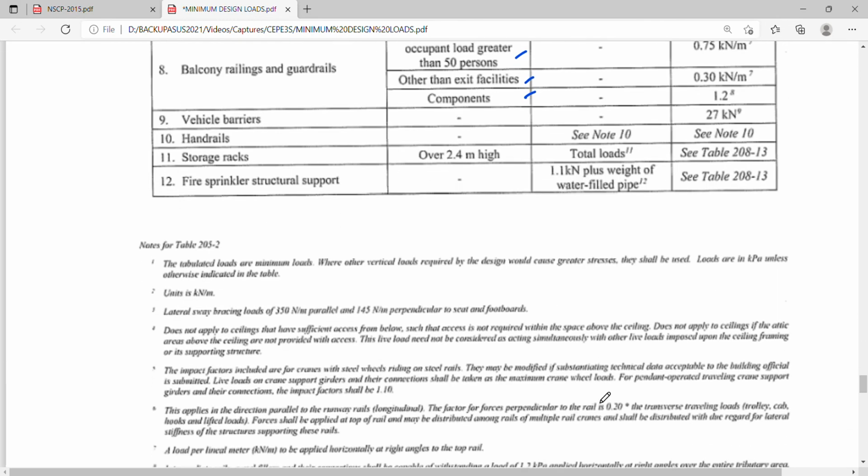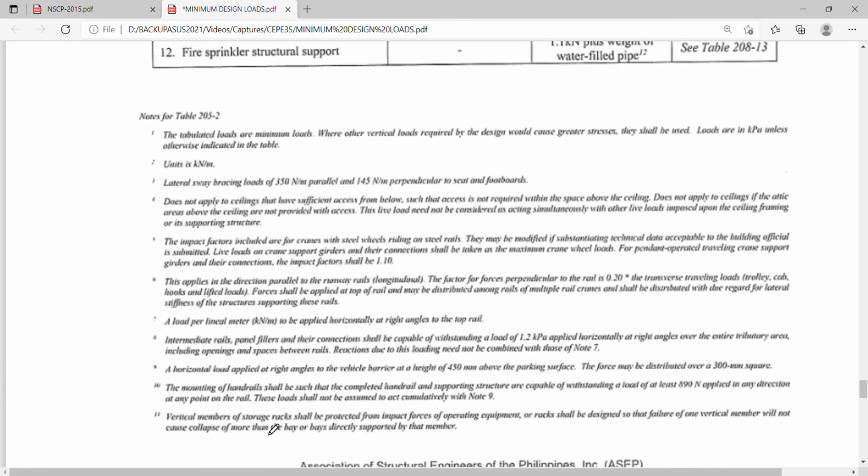So we just read note 10 here about how the handrails are being considered in terms of design. Okay, so this is at least 890 Newton, which is around 89 kilograms of force applied in any direction at any point on the rail. So not necessarily horizontal, but the point where it is critical, based on how it is anchored or supported on the floor.